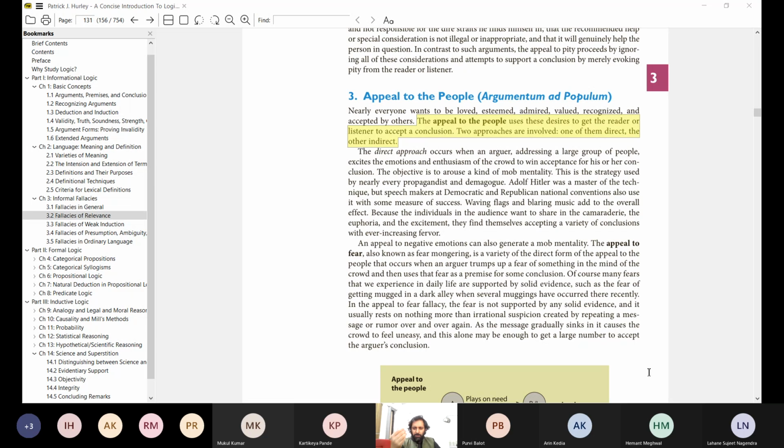So that's a kind of indirect argument, the indirect appeal to the people. You're saying, well, most people are following Hitler, so maybe you should as well. Anyone remember what the effect was that Karthik Narayan Swami used to describe this kind of propaganda?